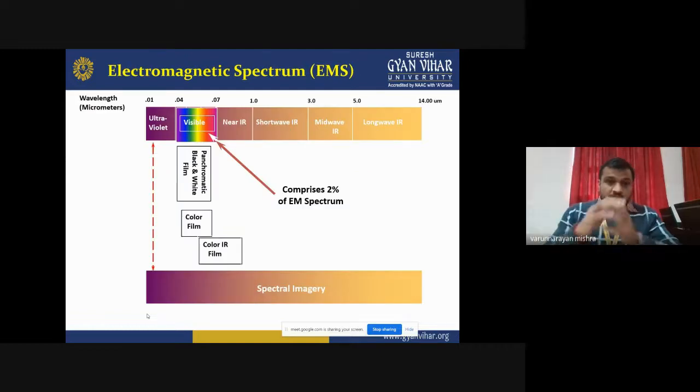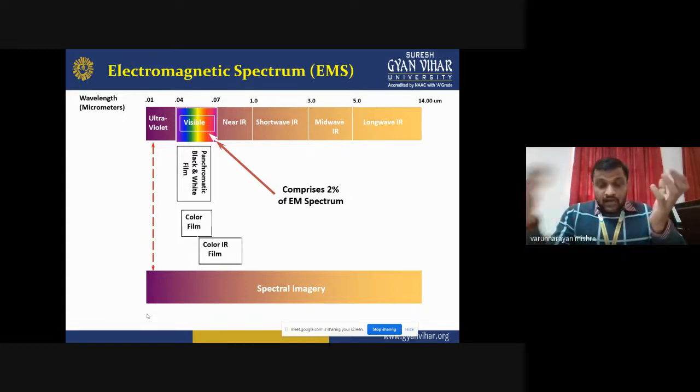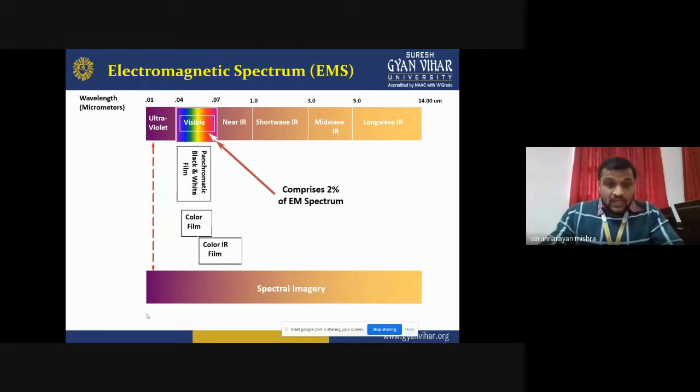Okay, so when we see the electromagnetic spectrum, the visible portion, whatever we see through our eyes, is a visible portion of the electromagnetic spectrum. It has only 2% of the entire wavelength range of the electromagnetic radiation. But it is very important for remote sensing purposes.